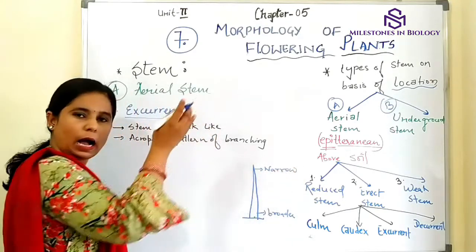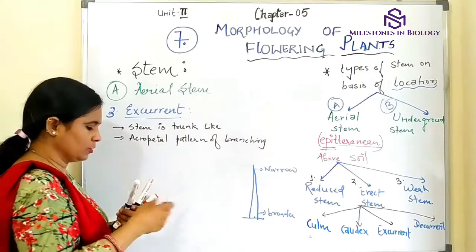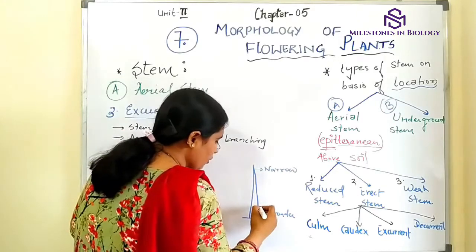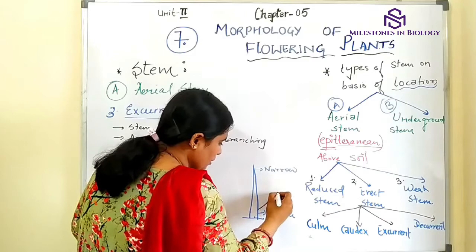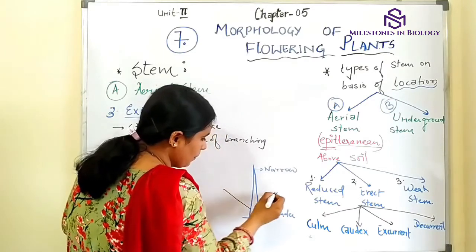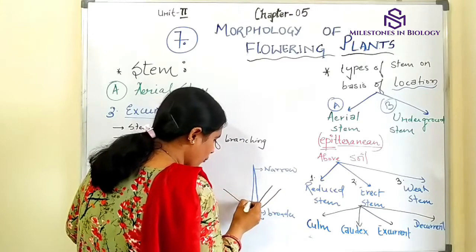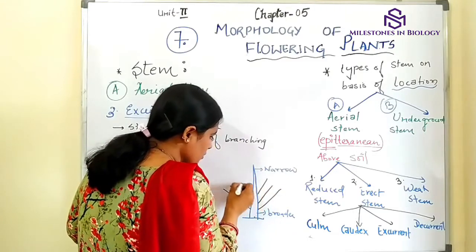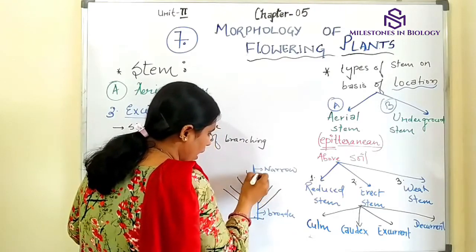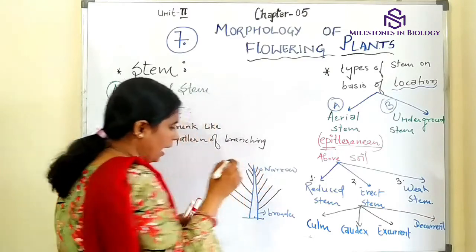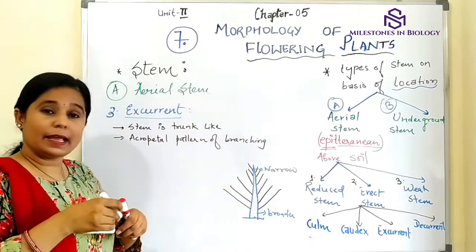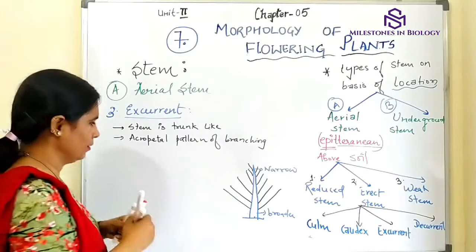As you go upward, it gradually tapers. The branches at the base are larger and older. As you go upwards, the branches become smaller and younger, and this stem grows in an indefinite manner.